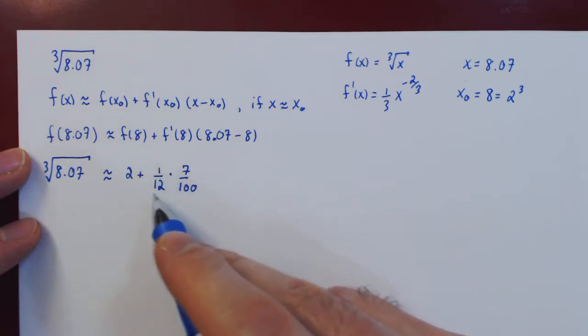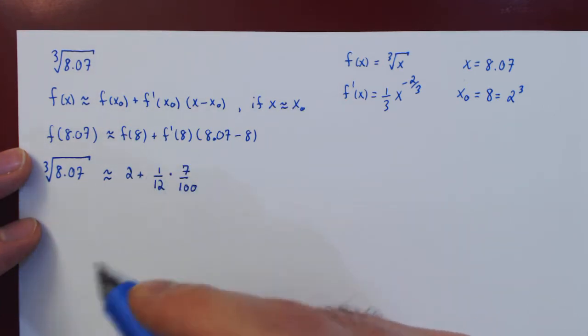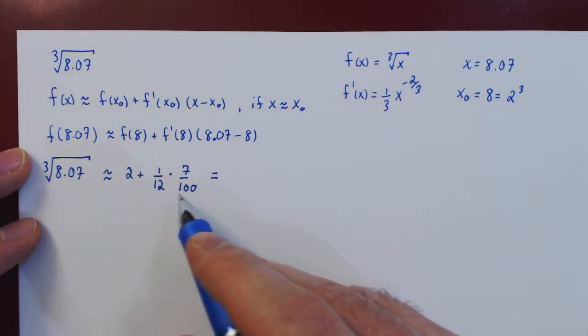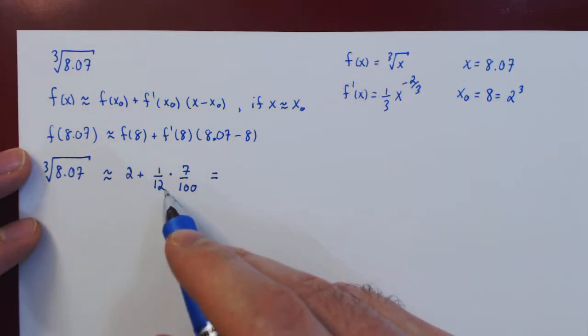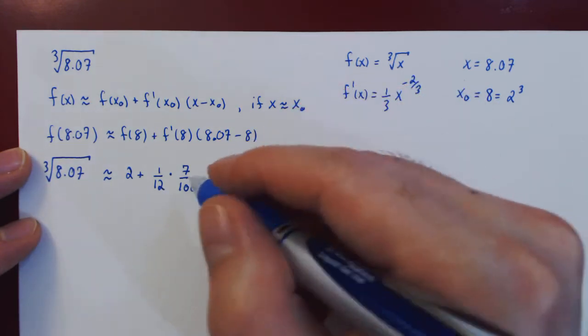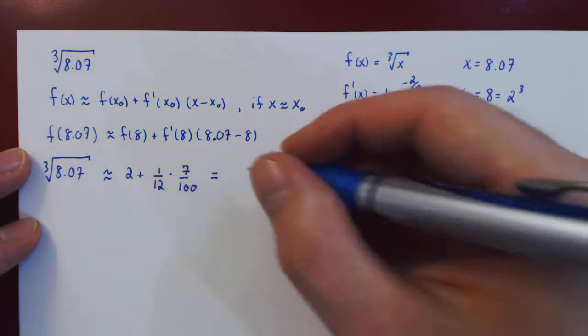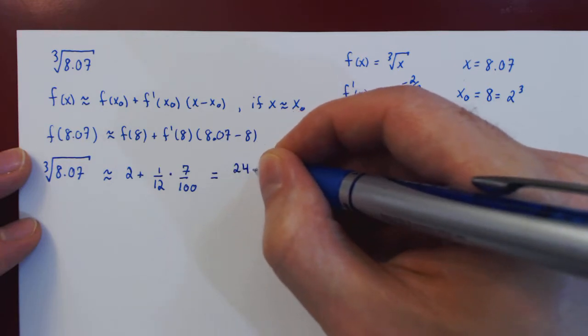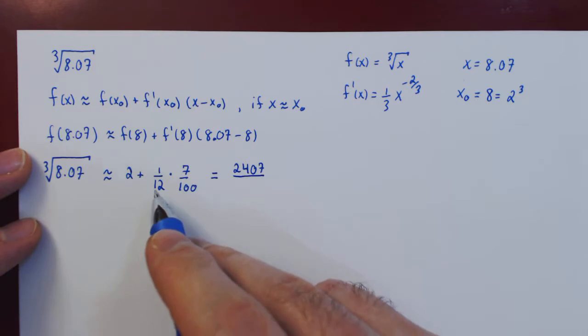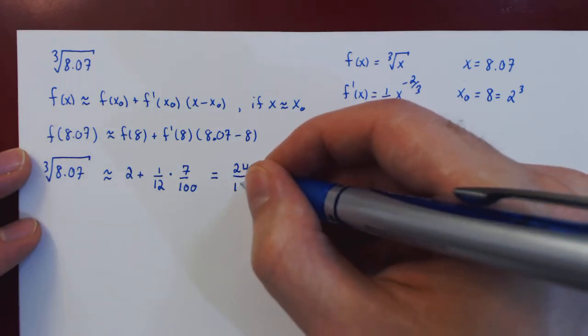We can now combine the sum of two terms into a single fraction. By putting a common denominator, this will be 1200. So 2 times 12 is 24, times 100 is 2400, but 2400 plus 7 is 2407 over, as we've just said, 12 times 100, 1200.